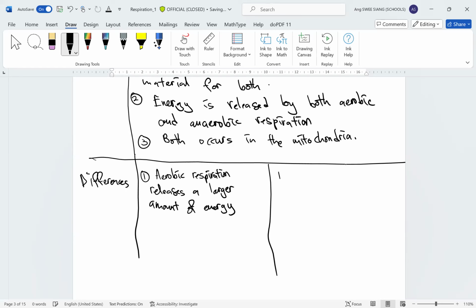Some of you can go on stage and speak so well, but in my class you don't want to answer my question. Very interesting. So anaerobic respiration releases a smaller amount of energy.